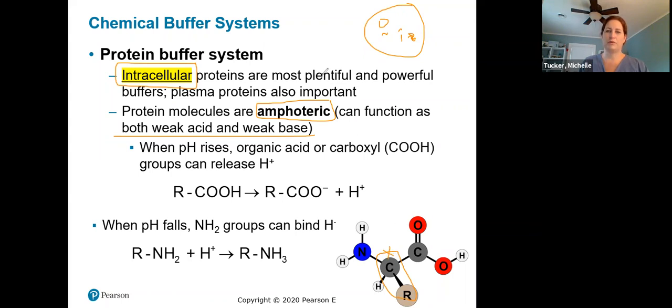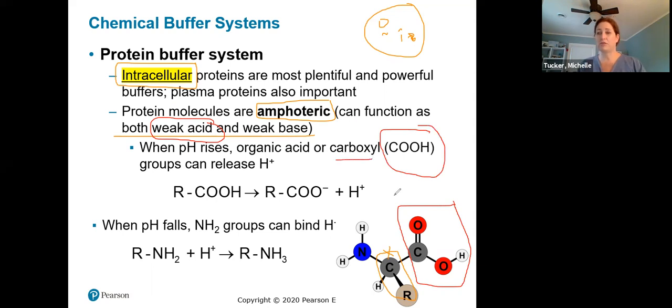The two components that do come into play in the buffering system are, we need a weak acid. The portion of the amino acid that plays the role of weak acid is the carboxyl group. So the carboxyl group can function as a weak acid.